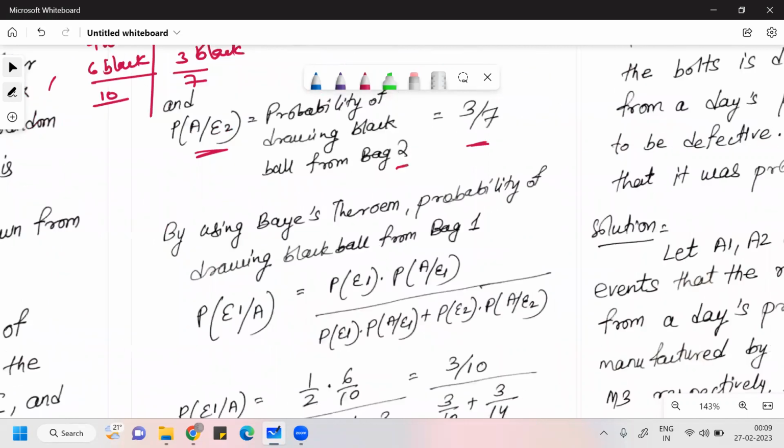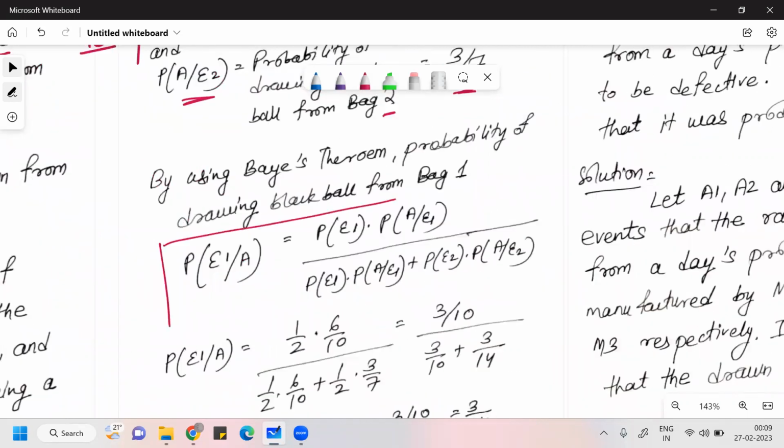Easy thing, right? So this is the formula of Bayes theorem. This is how we work on Bayes theorem. They have given that you got a black color ball. That is already given, and A is the event which signifies that you are drawing a black color ball. So what they are asking is, you got a black color ball, that is already given.